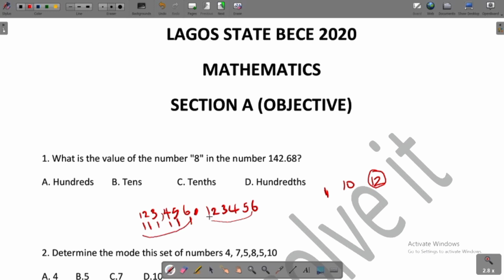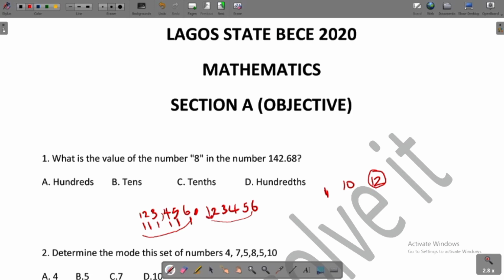If you are starting after the decimal, you are not starting with unit. If you start from this side, you have your unit, tens, hundreds, thousands. After the decimal, you don't have unit; you start from your tens.